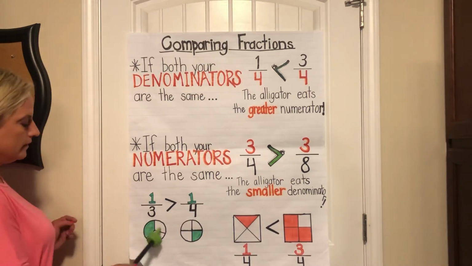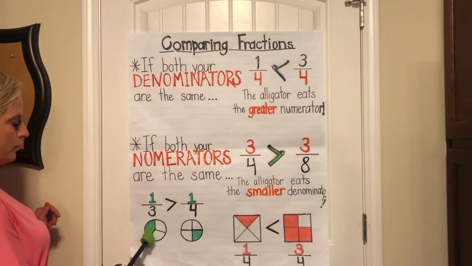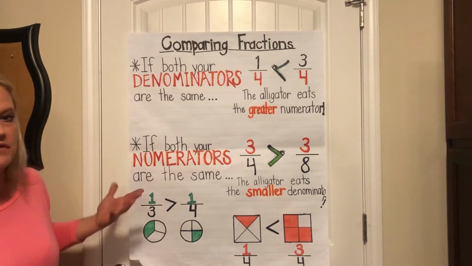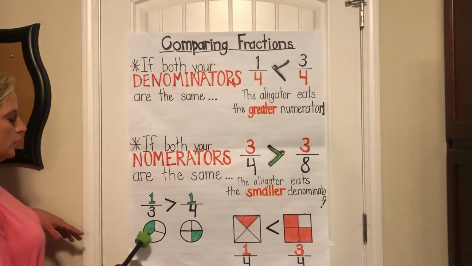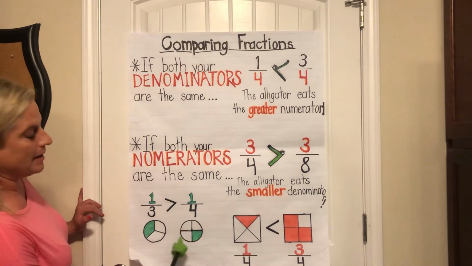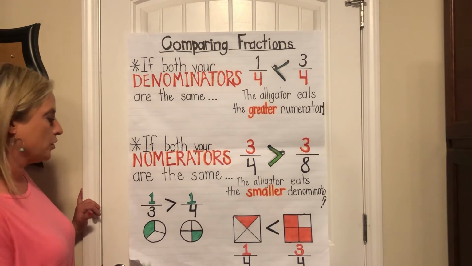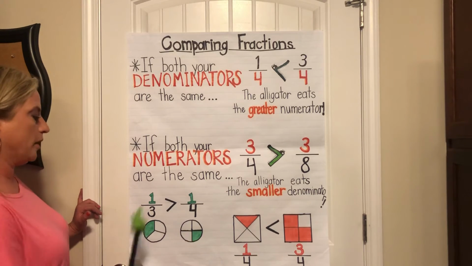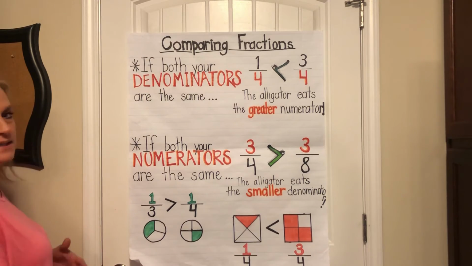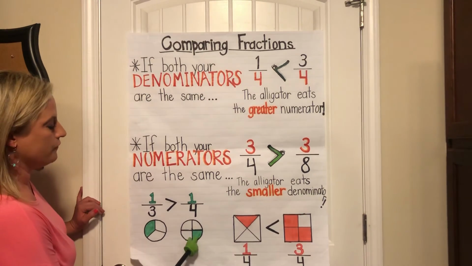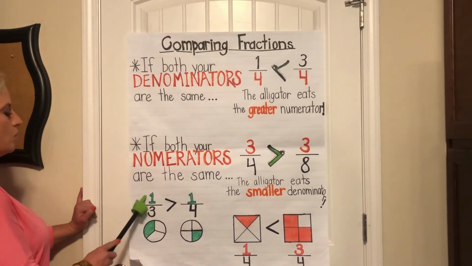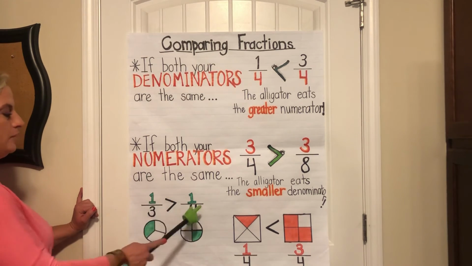If you look at these pieces, do you see how 1/3, because you're dividing, say it's a pie, you're dividing it into 3 equal parts, you're going to have a larger slice, okay? Whereas if you had a pie and you partitioned it into 4 equal parts, you're putting it into more pieces, so each piece is going to be smaller. So your 1/4 is actually going to be smaller because your piece is smaller than that. So this says 1/3 is greater than 1/4.